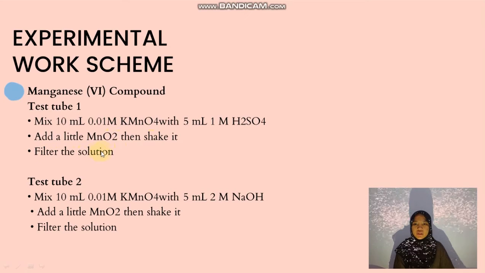Next, filter the solution. Test tube 2. Mix 10 ml 0.01 M KMnO4 with 5 ml 2 M NaOH. Next, add a little MnO2, then shake it. Next, filter the solutions.